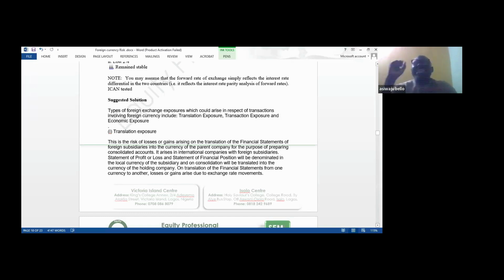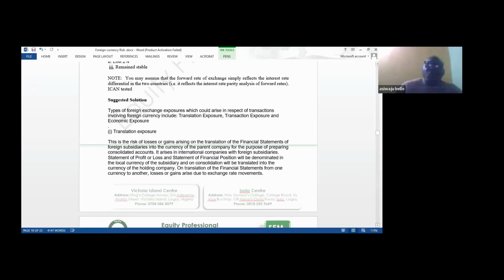It arises in international companies with foreign subsidiaries. The income statements and statement of financial position of the foreign subsidiary will be denominated in the local currencies of the subsidiaries, and on consolidation will be translated into the currency of the parent company.